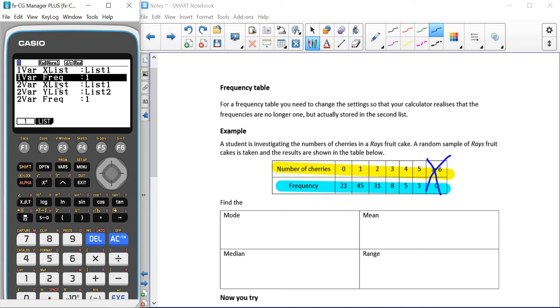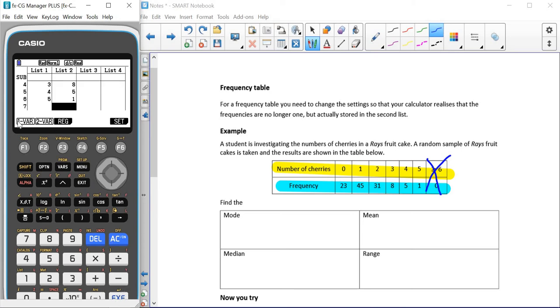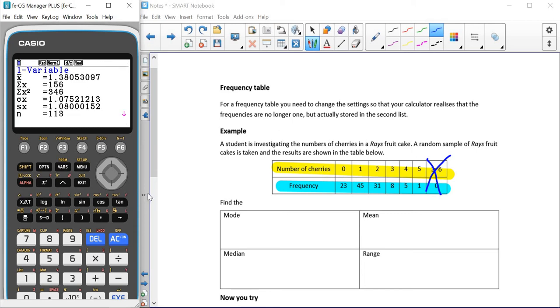So if you go down to where it says frequency, we need to change that to say list, and then you need to tell it what list you put them into, and we put it into list 2, and then you need to click exit. So then it looks like this, list 1, list 2. We still only have one variable though, which is the number of cherries, so we go into one var.